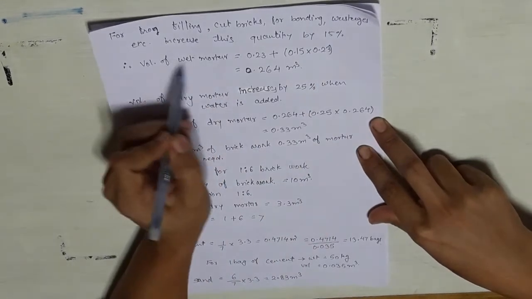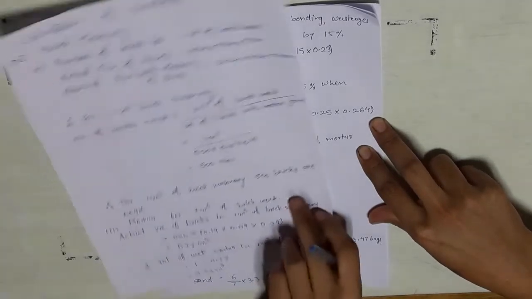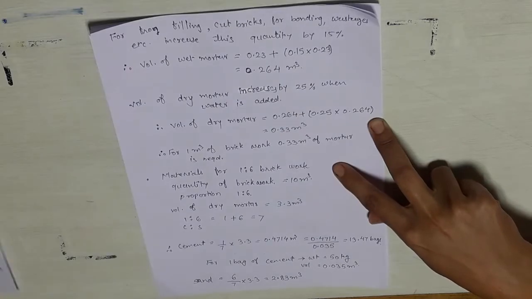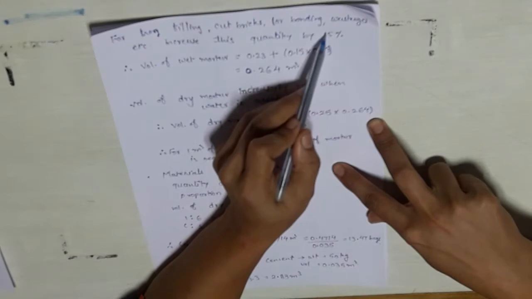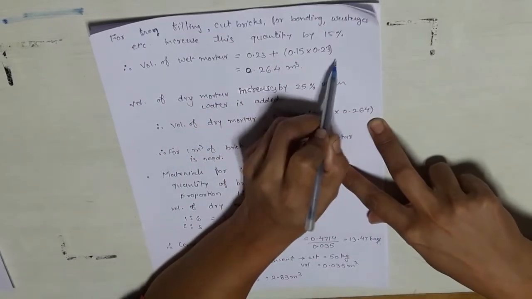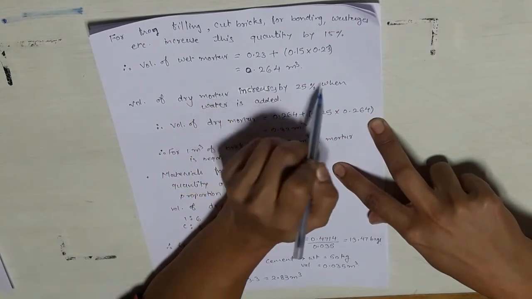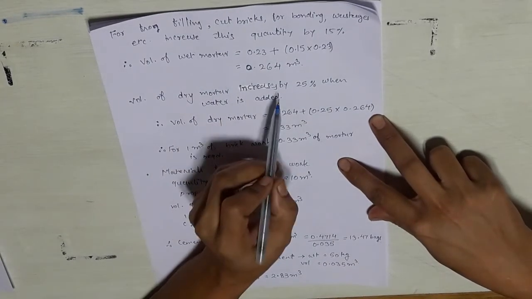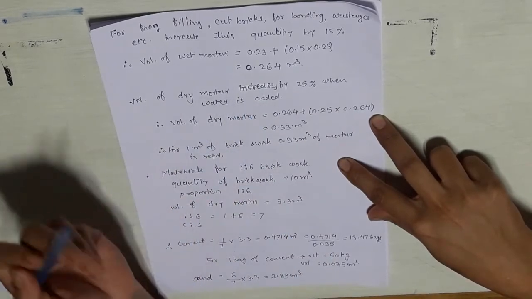So the volume of the wet mortar is 0.23 plus 0.15 multiplied by 0.23, so that comes to 0.264 meter cube. Now the volume of the dry mortar is increased by 25% when water is added.